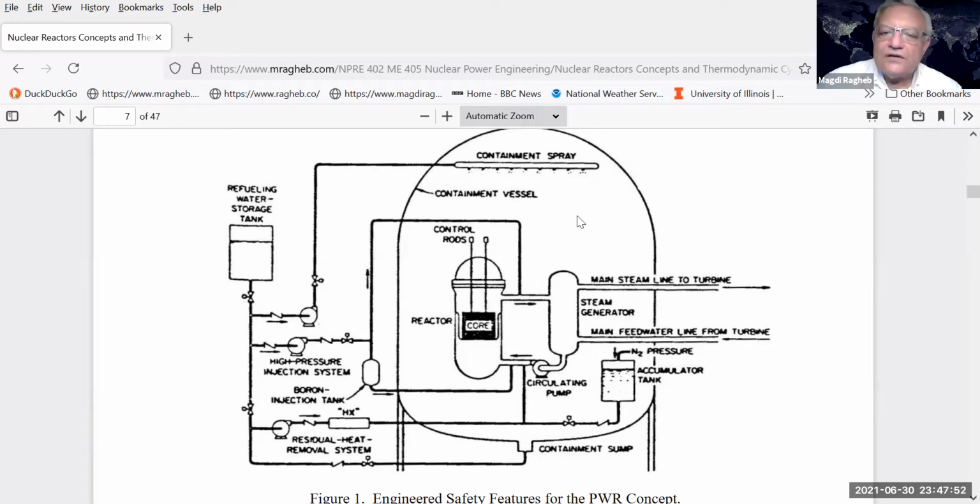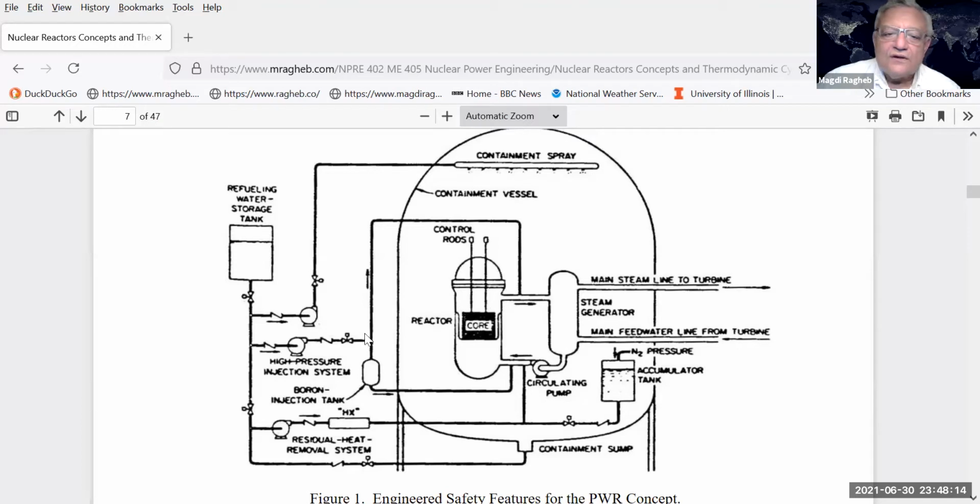And as we need to cool the reactor even after you shut it down for at least 24 hours, you'll find that you have a supply of extra water here. For the pressurized water reactor, it's a tank that is under pressure by nitrogen pressure. These are called the accumulator tanks.